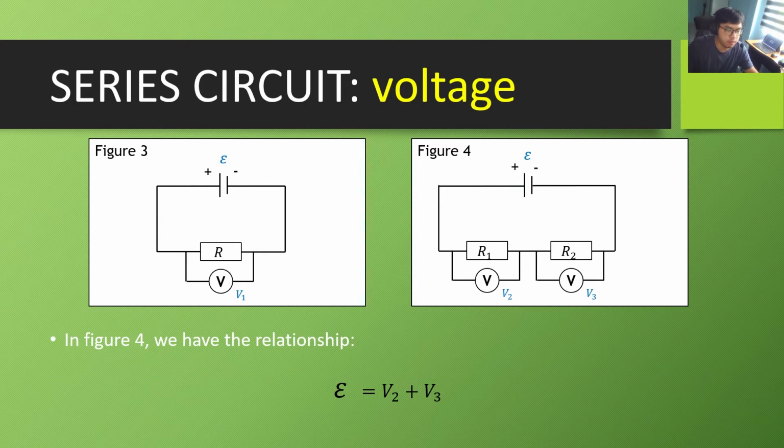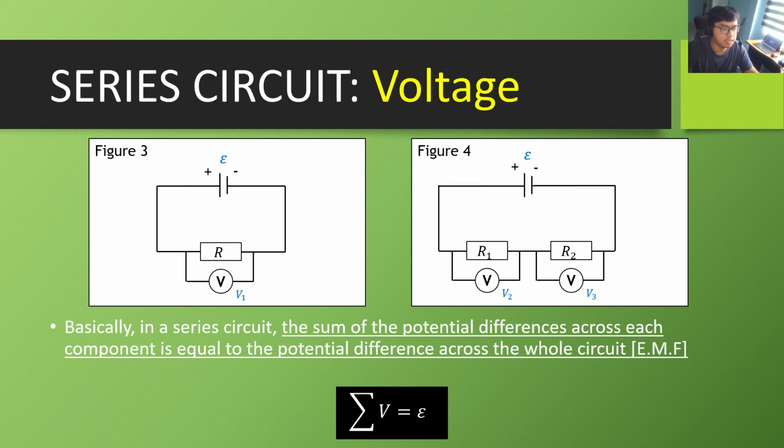So in figure 4, we have the relationship EMF is equal to V2 plus V3. Basically, in a series circuit, the sum of the potential differences across each component is equal to the potential difference across the whole circuit.